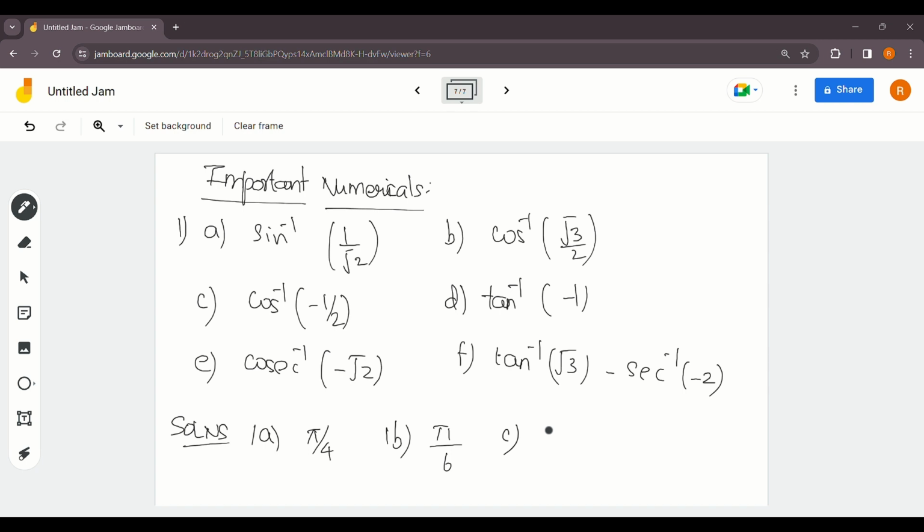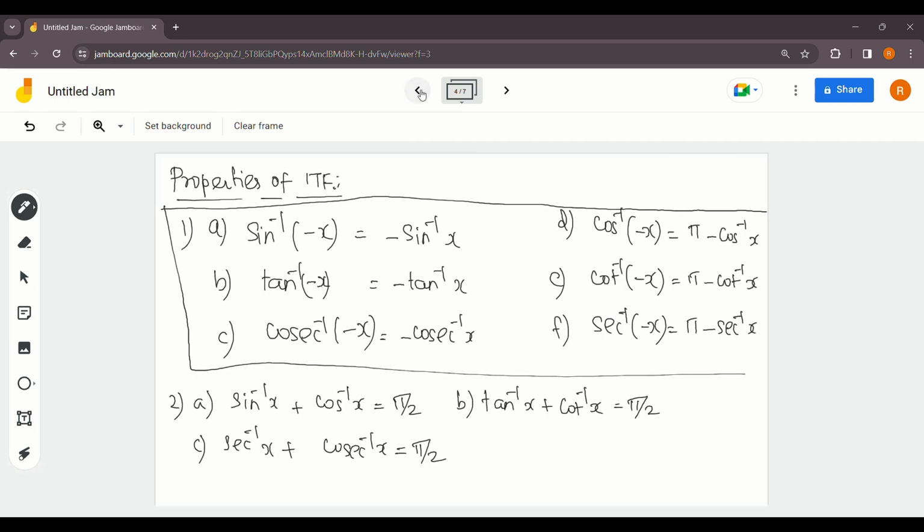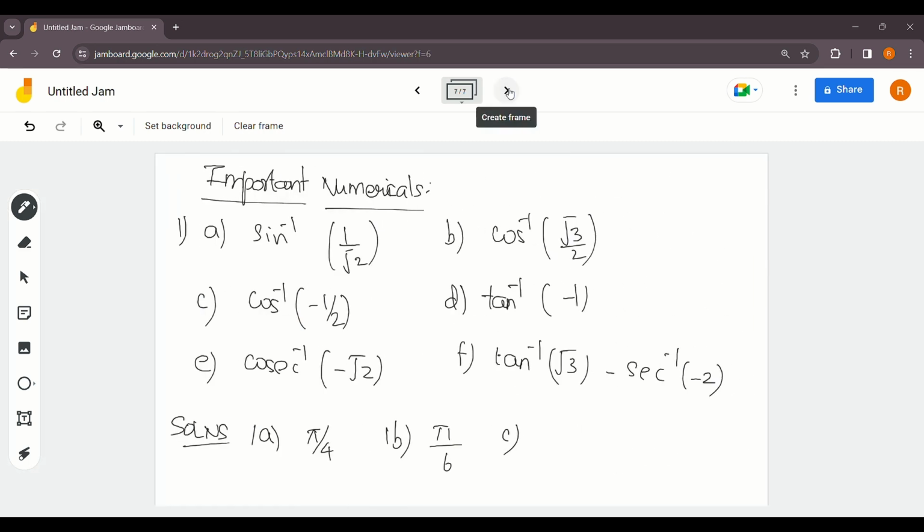Now for C, here we are applying the properties because it is a negative value. Cos inverse of minus of half. Look at the properties we have learned. The first property, that's why I told you first is very important: cos inverse of minus x is pi minus cos inverse of x. So we are going to apply that property. You can write this as pi minus cos inverse of half.